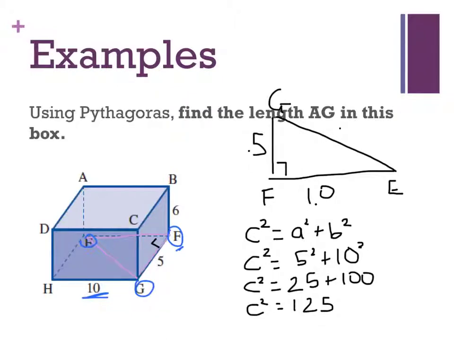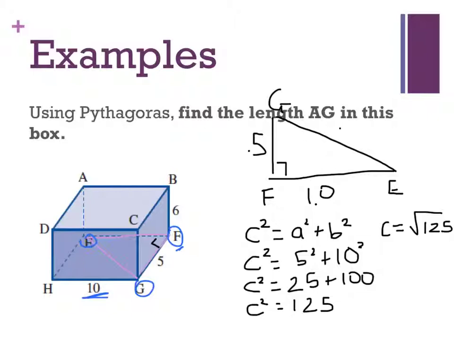So the box that's coming off the hypotenuse at the moment, and by box I mean the area, c squared, is 125. In order to find that length by itself, I need to find the square root of 125. And when I do that, I get a funny answer with a decimal. So when I type in the square root of 125 into my calculator, I get an answer of 11.1803.